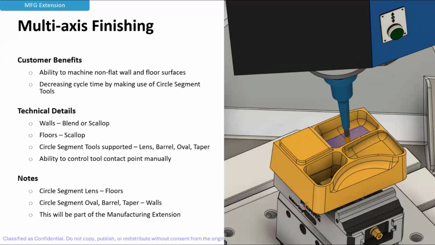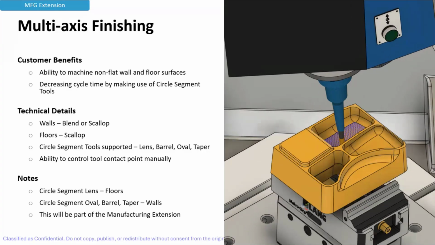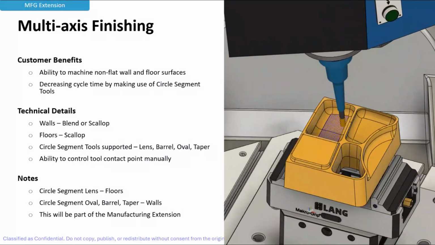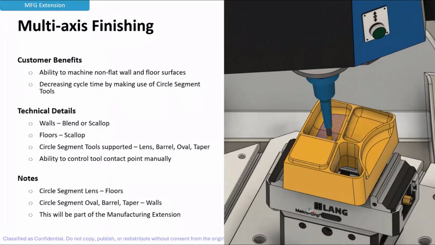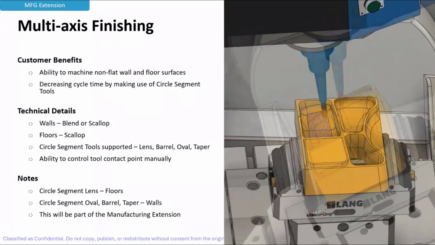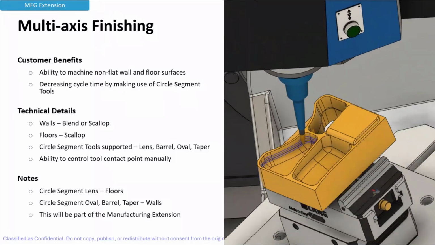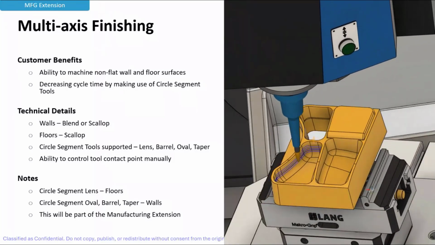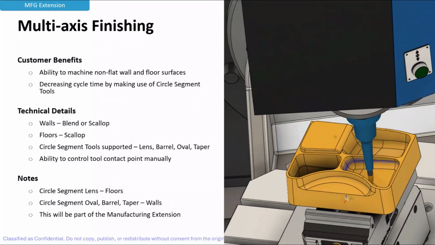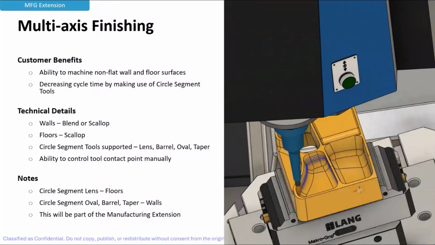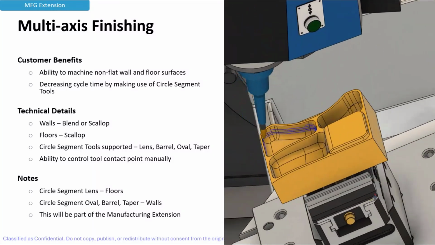And for the multi-axis finishing, customers will get the ability to machine non-flat wall and floor surfaces, decreasing cycle time by making use of the circle segment tool: walls, blend or scallop, floor scallop.